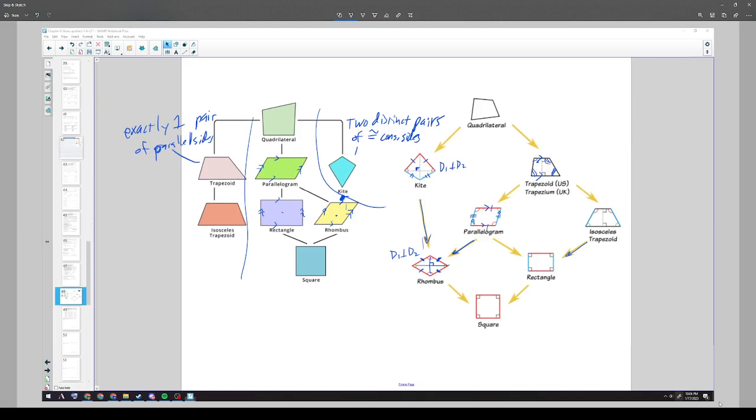That gets passed down here and enhanced by the parallelogram by now having two pairs of parallel sides, and basically all consecutive angles are supplementary. Instead of just these two pairs, we have all four pairs are supplementary. But it is basically an identical property that just got enhanced by making both pairs of sides parallel.